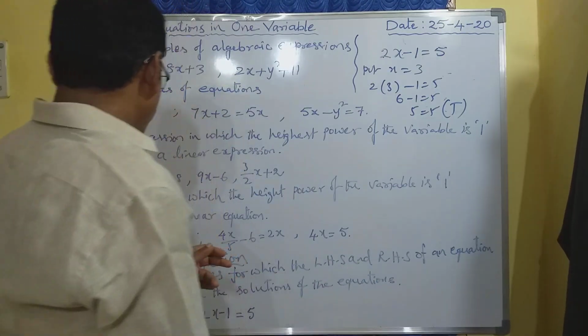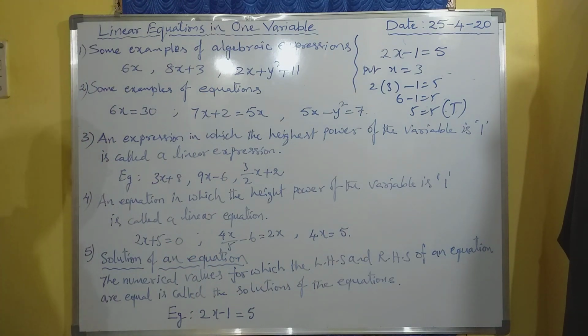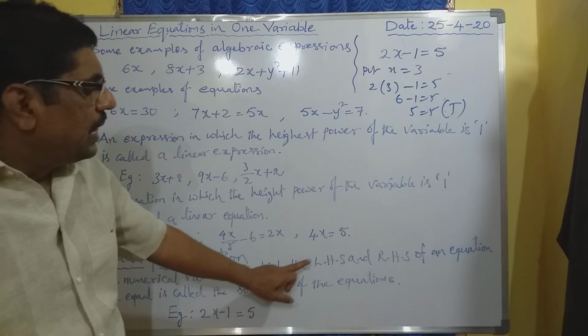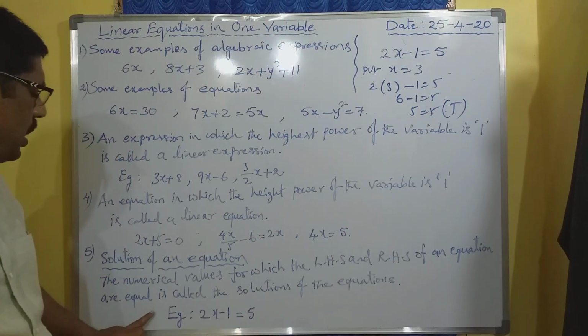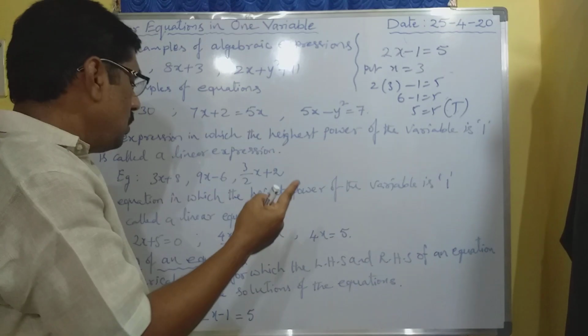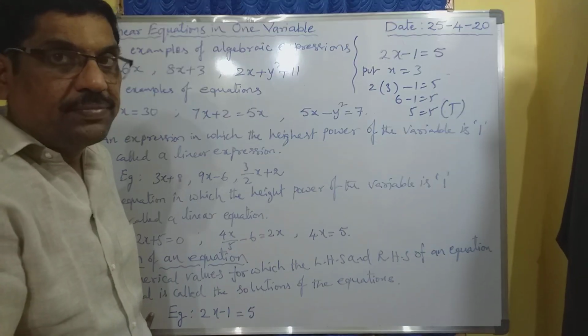Now look at this. Then what is a solution of an equation? The numerical values for which the LHS and RHS of an equation are equal. See, look at this example. What value makes the LHS and RHS equal for the given equation? 3.